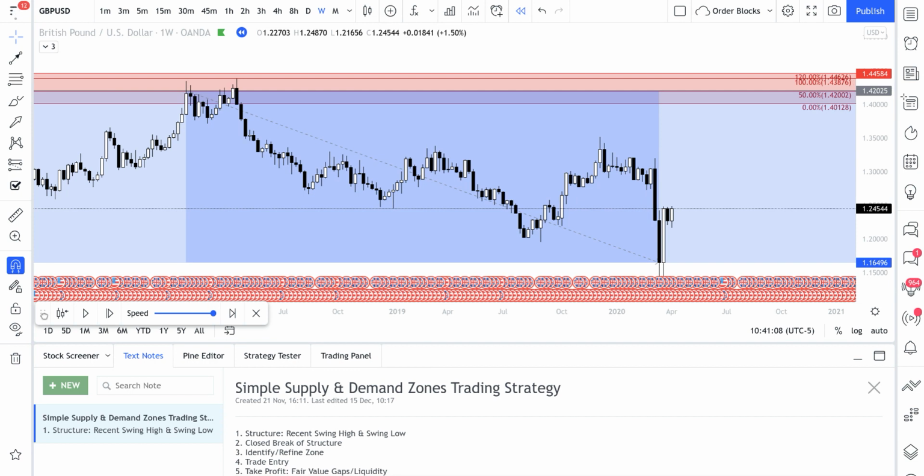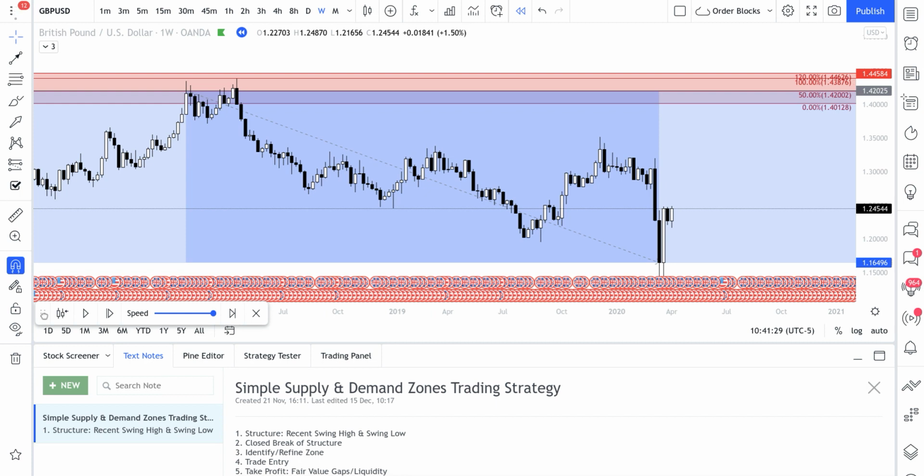And for your take profit, you're going to target fair value gaps or liquidity, which is basically a swing high or a swing low. As simple as that. And you can trade this going up and going down.